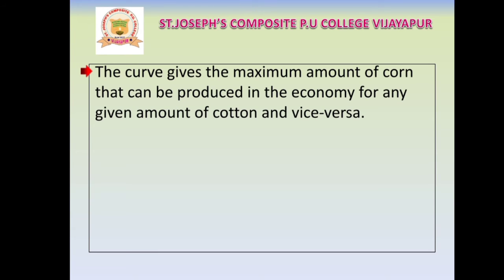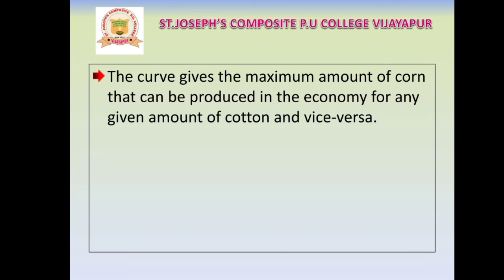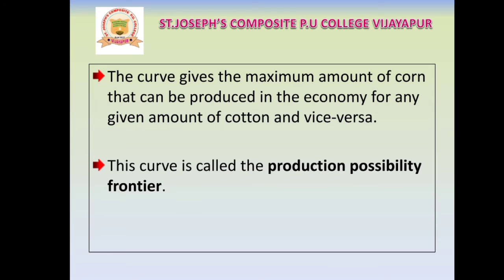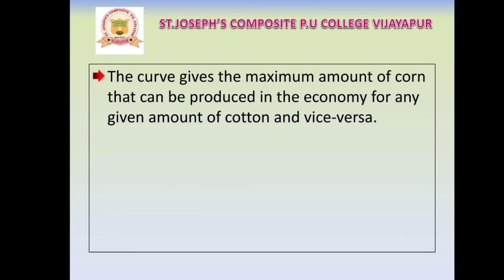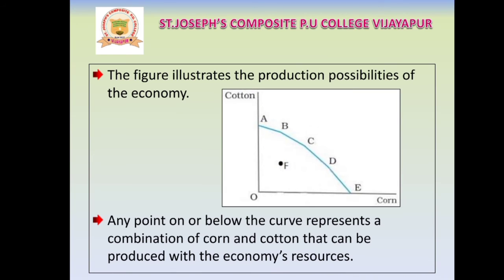The curve gives the maximum amount of corn that can be produced in the economy for any given amount of cotton, and this curve is called the production possibility frontier. So, according to this diagram, this shape is called the production possibility frontier.